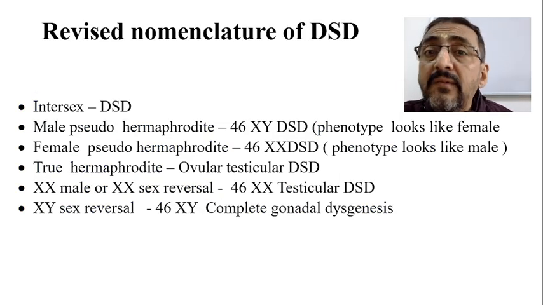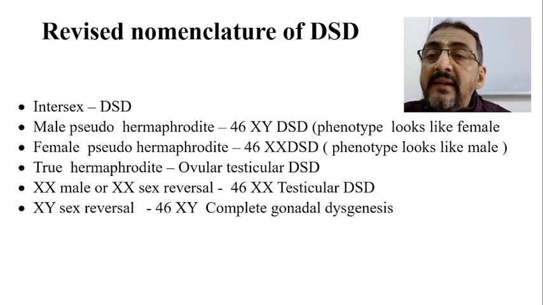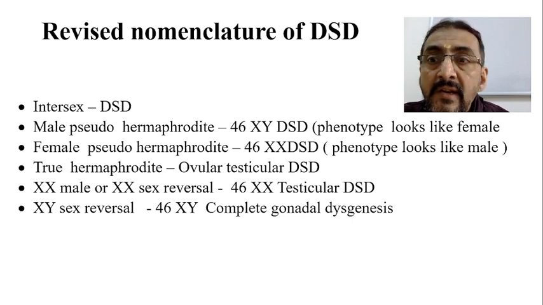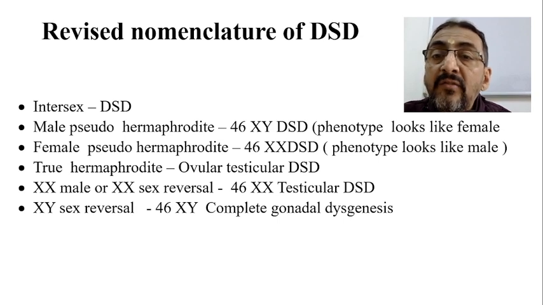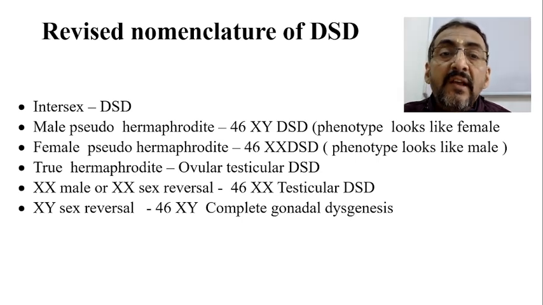These are some of the revised nomenclature of DSD. Intersex is now called differences in sexual differentiation. Previously it was called intersex; now this word is not used. Male pseudohermaphrodite is also not used now; it is called 46XY DSD.